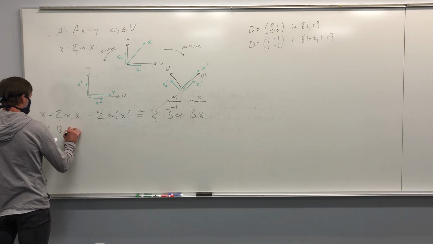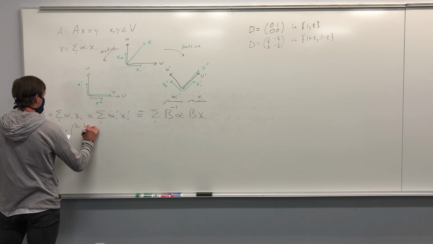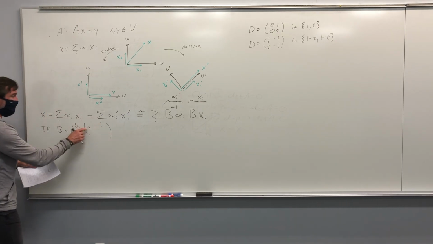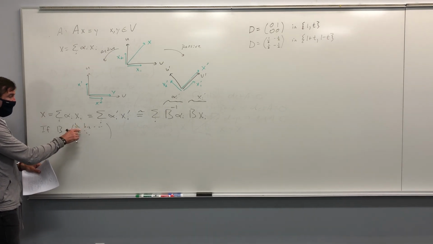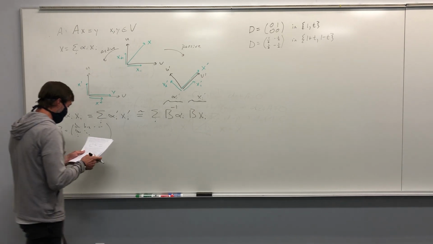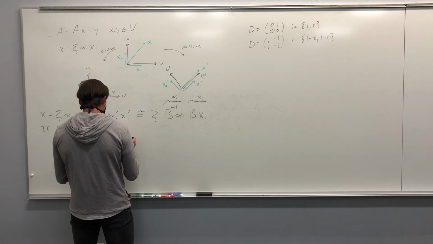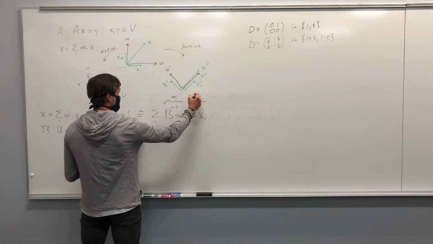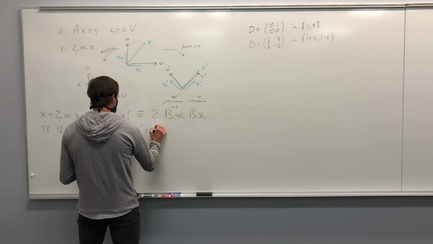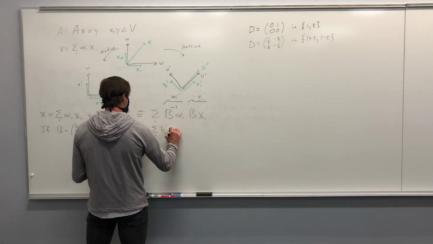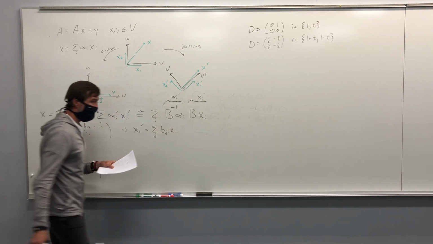if B equals B11, B12, B21, and so on. So these are the elements when I write little b, 1 1, 1 2, 2 1. These are the elements of the transformation B. Then we have x_i prime, that's this guy, is equal to the sum over j of b_ji x_j.